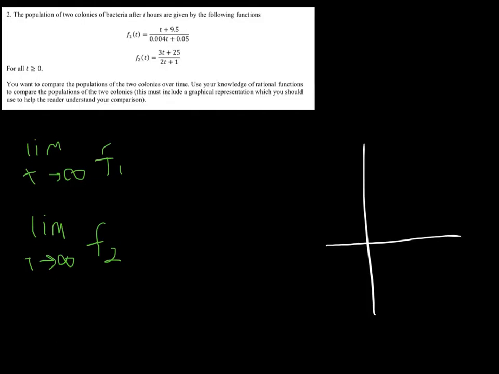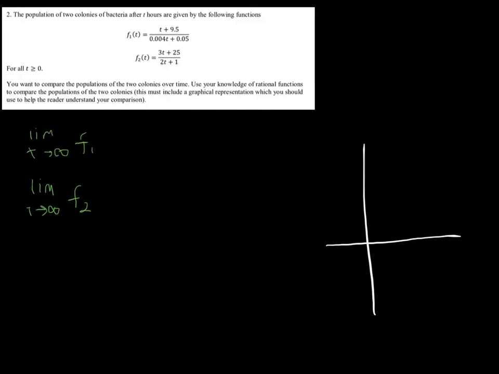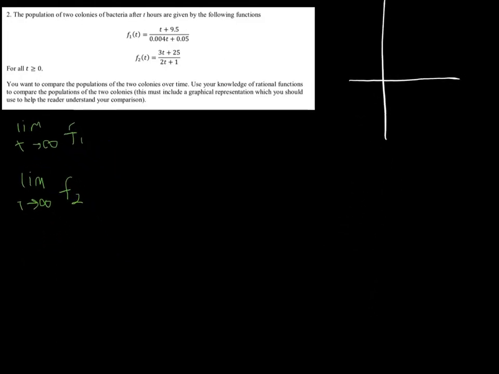So, to look at the first function, t plus 9.5 over 0.004t plus 0.05, in order to find our asymptote, it would be helpful to simplify our function by actually doing the division. So I'll go ahead and make a little room for ourselves here. And this shouldn't be very hard. It's just a couple of decimals.